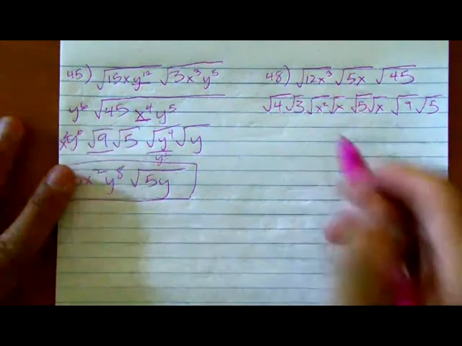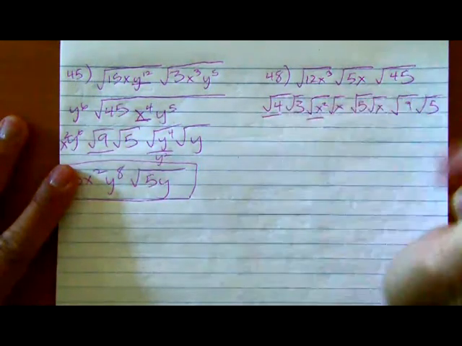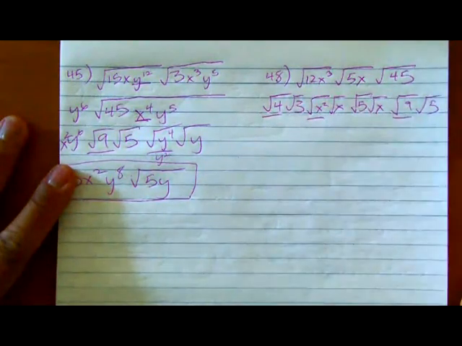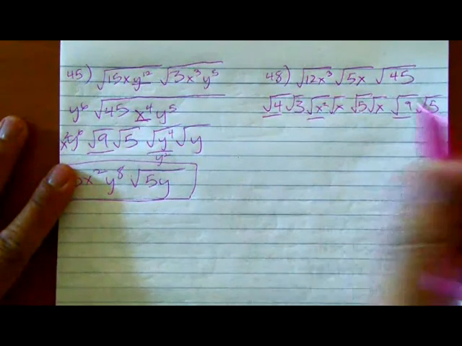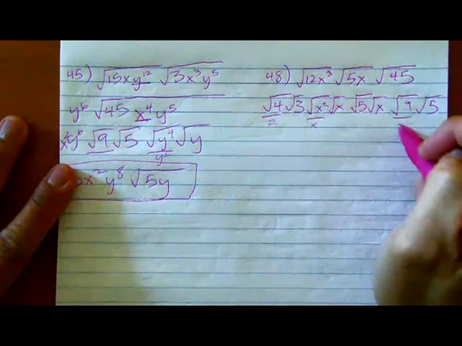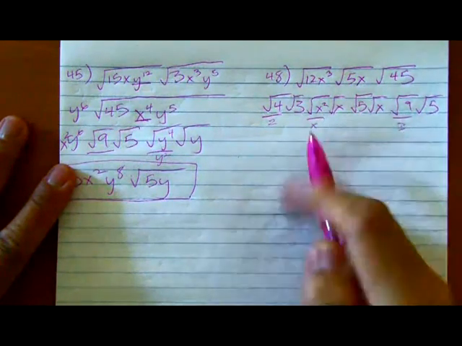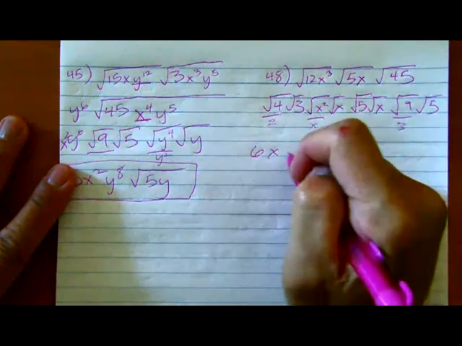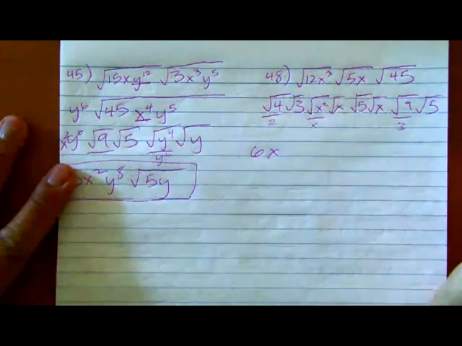Okay, I'm going to square root the 4, the x squared, the 9. This is 2x and 3. So that will be 6x. What am I left with?